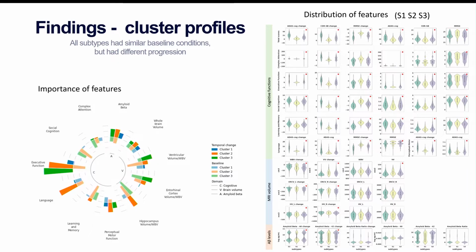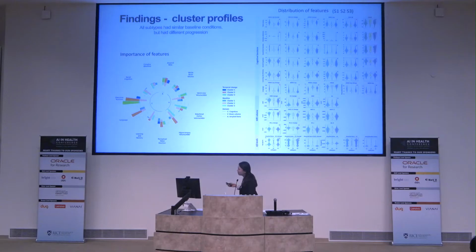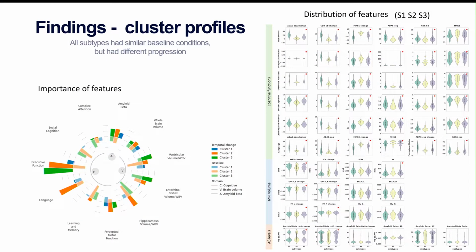Maybe it's too small, but just to highlight a little bit, there were 3 different modalities of inputs: cognitive score, brain volume, and amyloid beta levels. We found that the executive function was the most important variable for cluster 2. Also, the change of the executive function was important, and the change of the language was the most important in cluster 2.